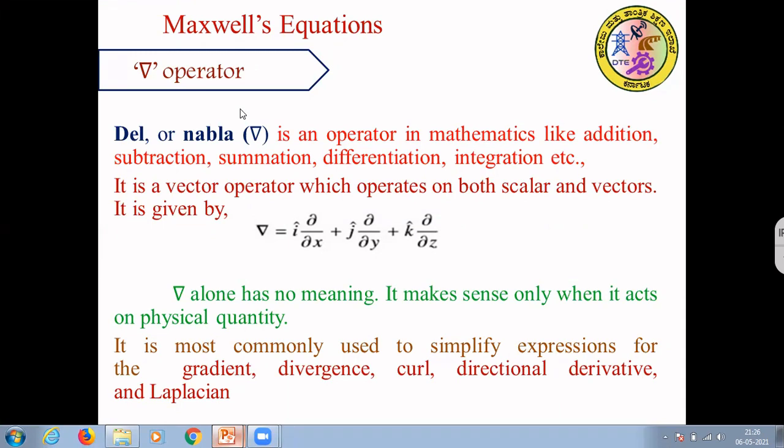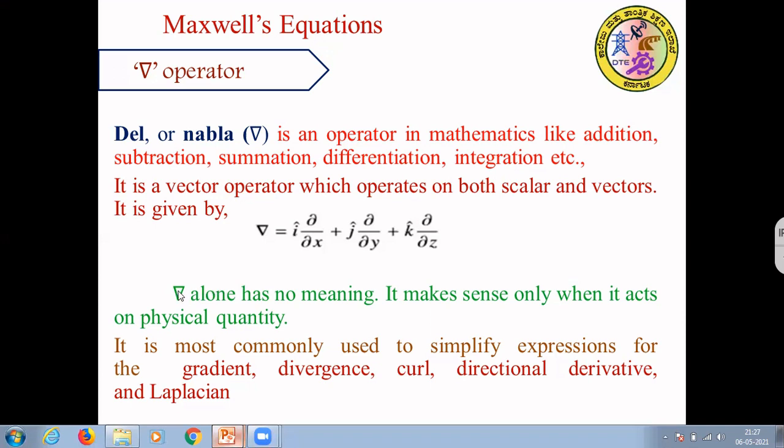An operator takes meaning only in the context of numbers. Similarly, del is also an operator which we define in vector calculus. The nature of del is that it resembles a vector. The mathematical form is given by i cap ∂/∂x plus j cap ∂/∂y plus k cap ∂/∂z.